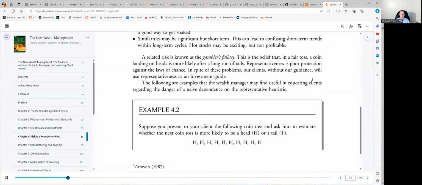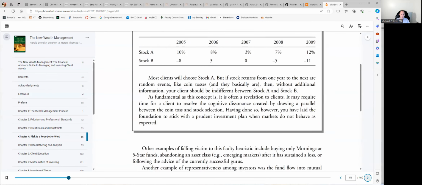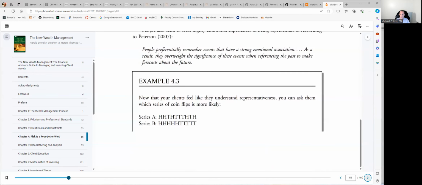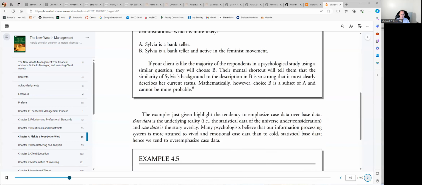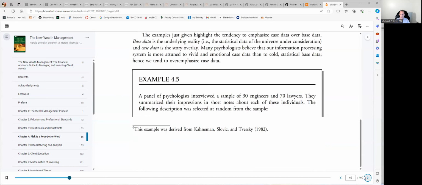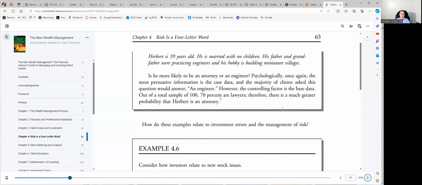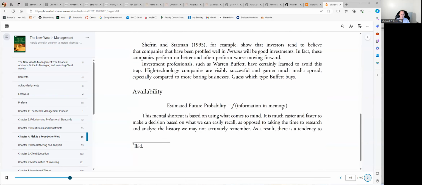Be familiar with that term. Availability bias. Be familiar with that term.